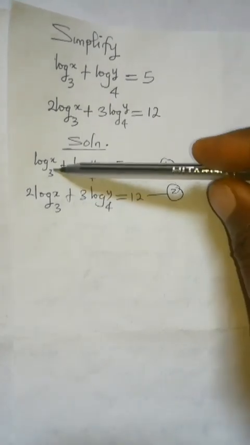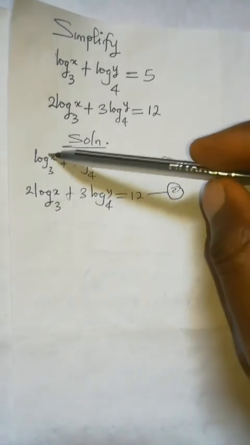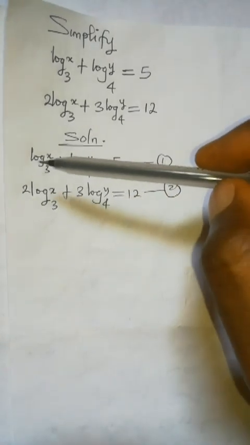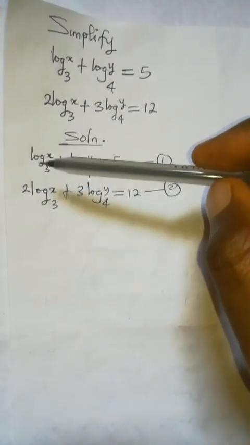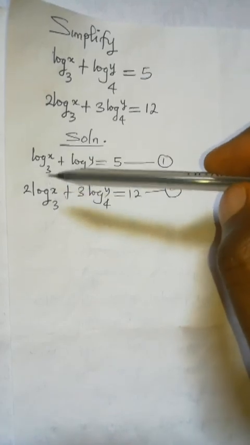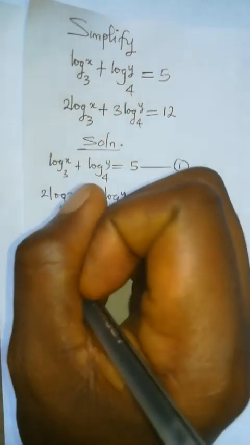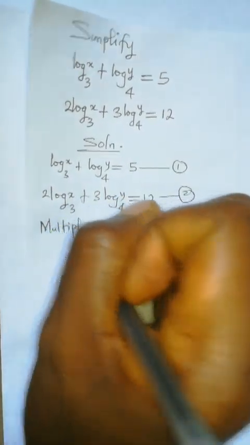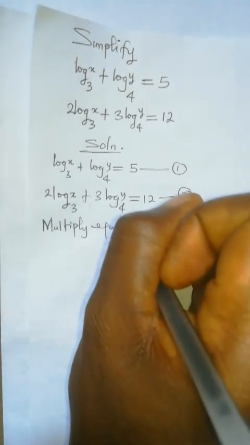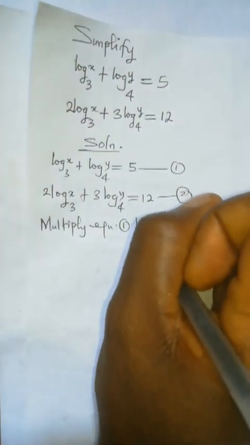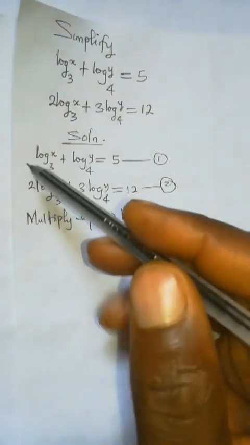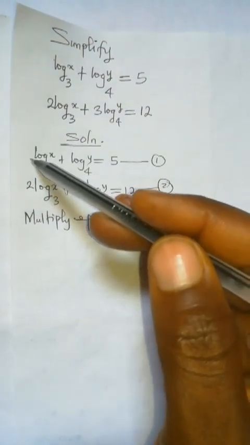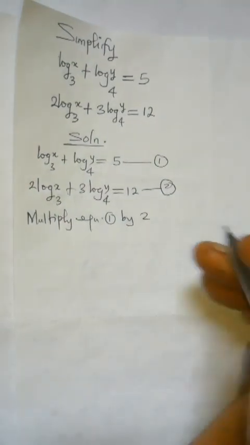But before that, I'll try to make either log x or log y's coefficient the same as that of equation 2. So I will multiply equation 1 by 2. By doing that, I'm making sure that the coefficient of log x base 3 is also 2, and it has to be done mathematically.